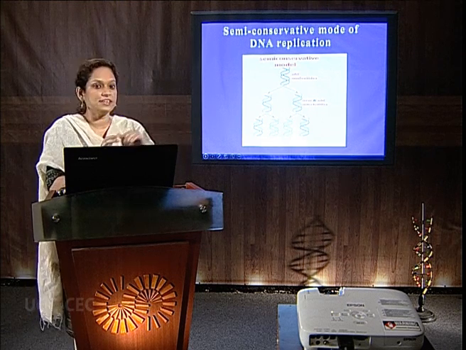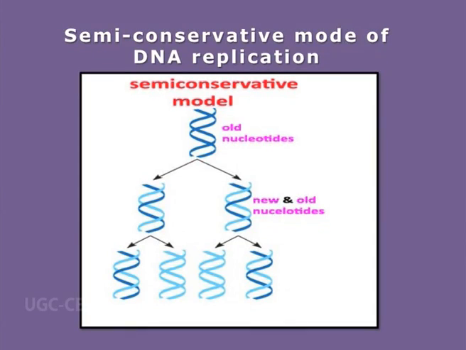As we can see in this slide, the DNA templates serve as the base on which the new nucleotides are synthesized. So they are acting as templates. This is known as the semi-conservative mode of DNA replication.